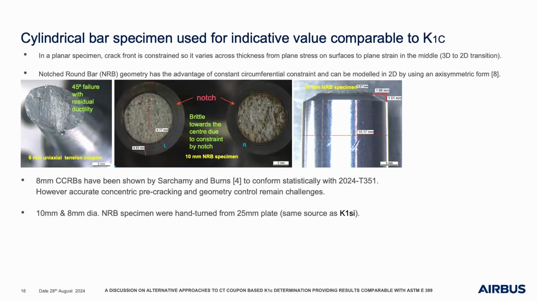Now, looking at a standard tensile specimen, aluminium, you will see a typical 45-degree break. You'll see some ductility there. Compare that with a notch failure, where you see something that is quite brittle. What we did here is apply a dye, basically orange tack.